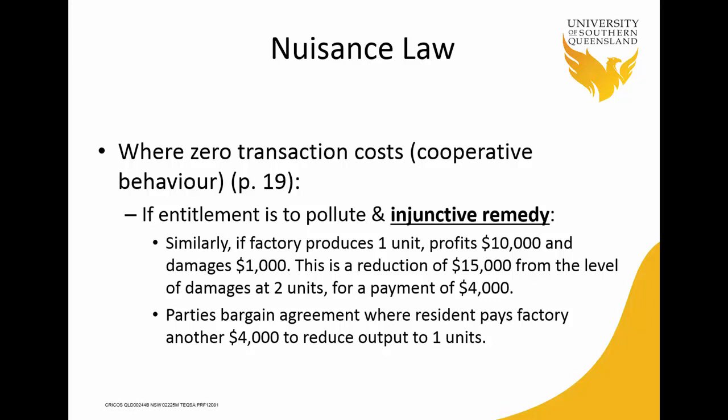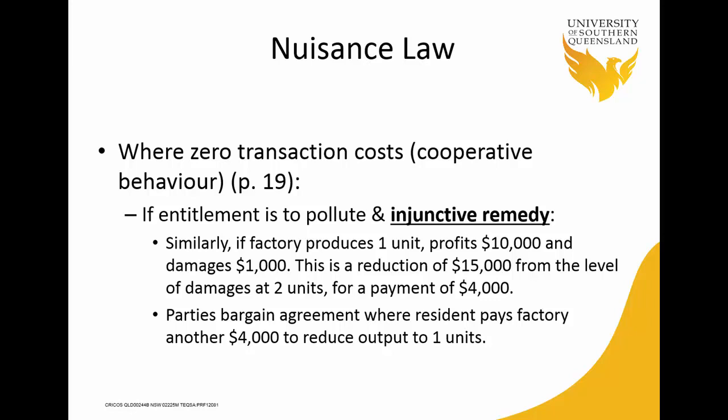So they are not worried too much whether they produce the 1 or the 3 units, because the total profit is the same. But for the resident, of course, it makes a big difference, because they were able to reduce their damages first by the 20,000 and then by the 15,000 from the reduction from 3 to 2 and then from 2 to 1. So again, what do you see here?